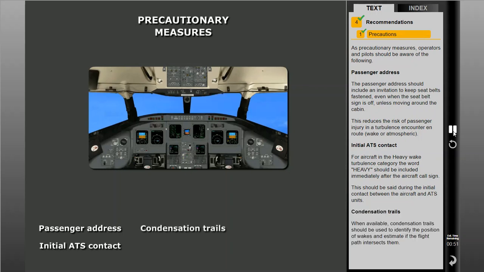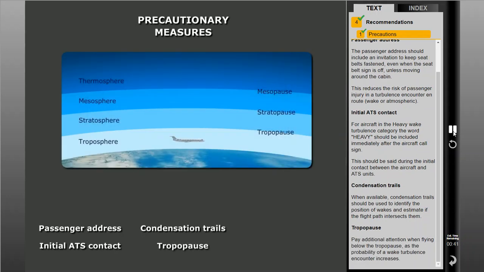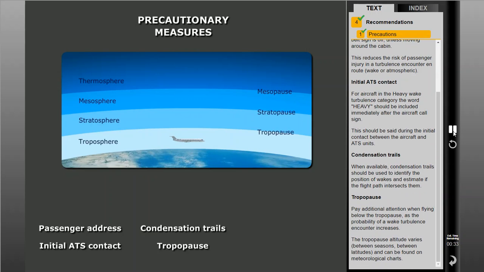When available, condensation trails should be used to identify the position of wakes and estimate if the flight path intersects them. Pay additional attention when flying below the tropopause, as the probability of a wake turbulence encounter increases. The tropopause altitude varies between seasons and latitudes and can be found on meteorological charts.